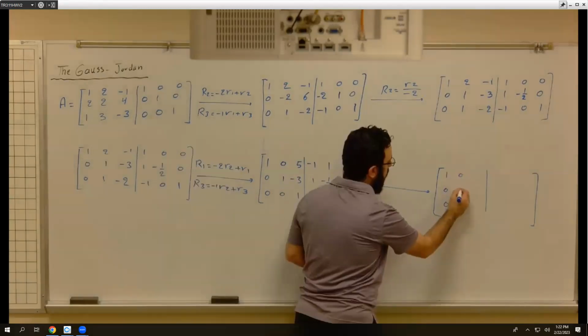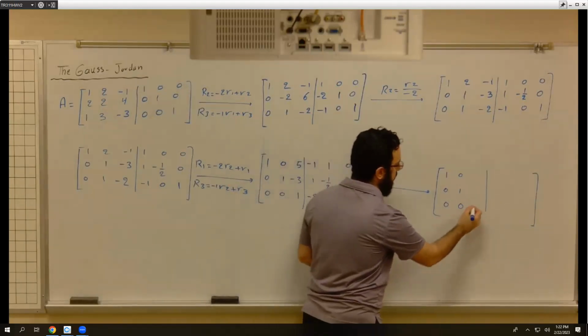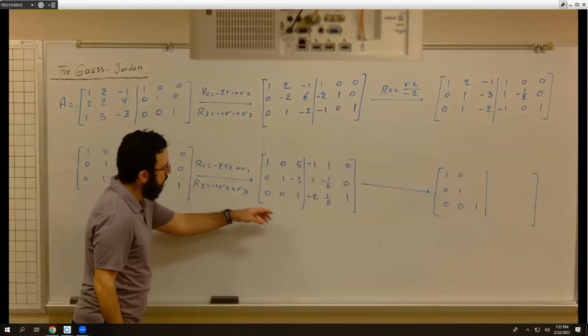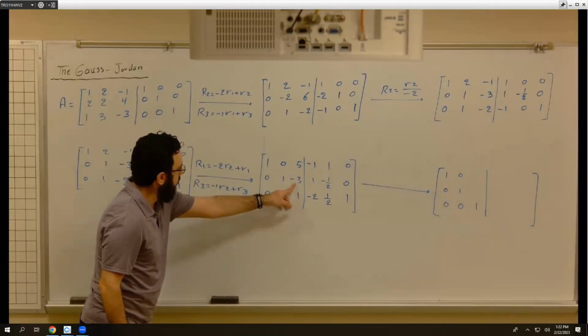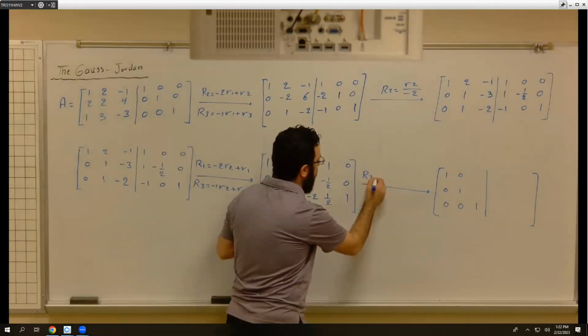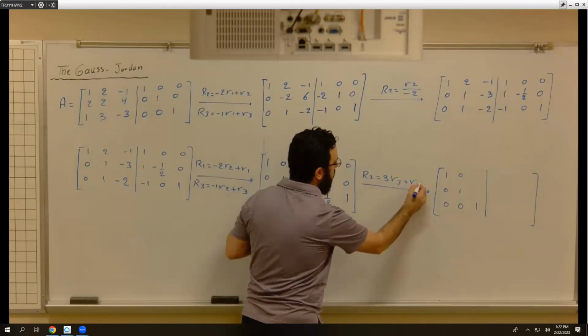And here is 0 1 0. And this one is still the same. So our goal is to convert this number to 0. That means I need to use this rule. I'm going to say R2 is going to be 3 times R3 plus R2.